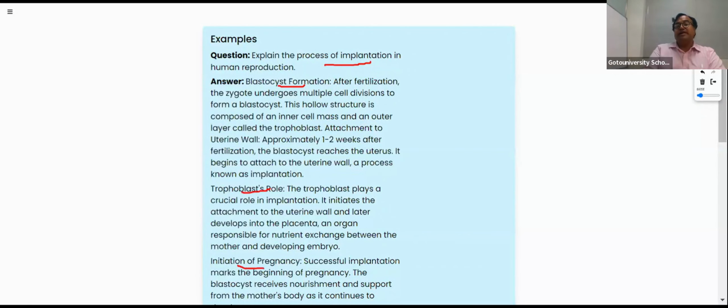If you write crisply, with a lot of information sandwiched in a single sentence instead of many sentences, the evaluator will feel comfortable giving more marks, right?